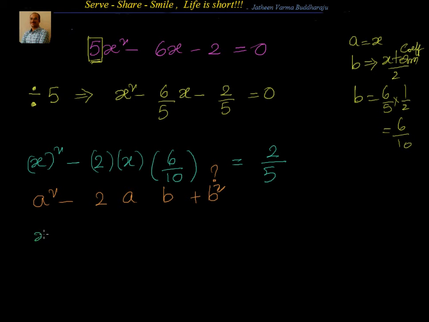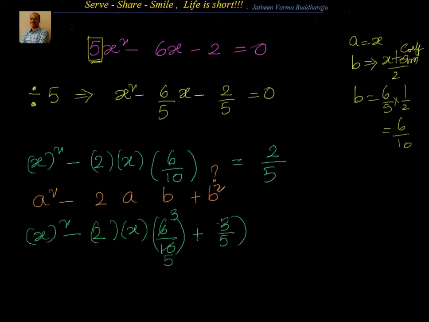So the next step will be x whole square minus 2 into x into 6 by 10 plus 6 by 10, which is actually 3 by 5, so plus 3 by 5 whole square, equal to 2 by 5 plus 3 by 5 whole square.